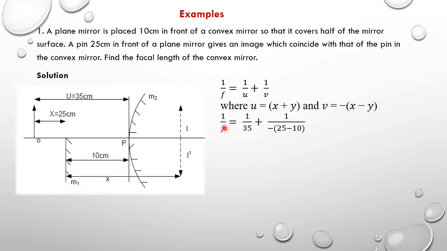When you substitute, u is going to be 35 and v is going to be negative 15. So we shall have 1 over f is equal to 1 over 35 minus 1 over 15. Cross multiplying, we get f as 525 divided by negative 20, and therefore f is going to be negative 26.25 centimeters.